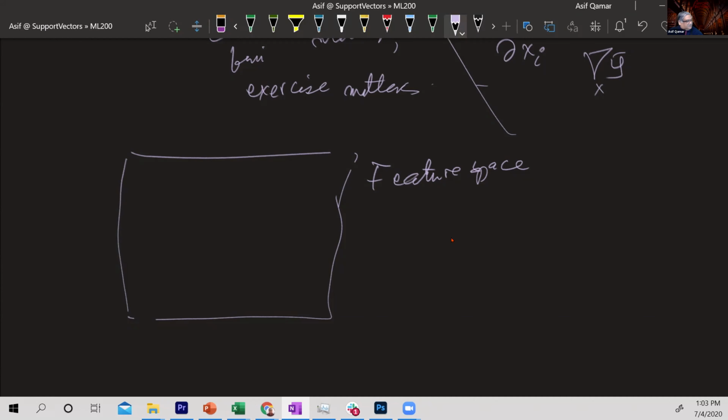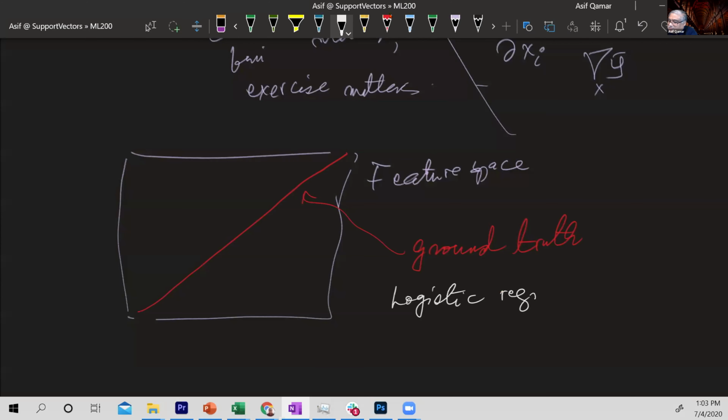So suppose you have a decision boundary that should really be this. This is the underlying ground truth. You realize that a logistic regression will quickly discover it.